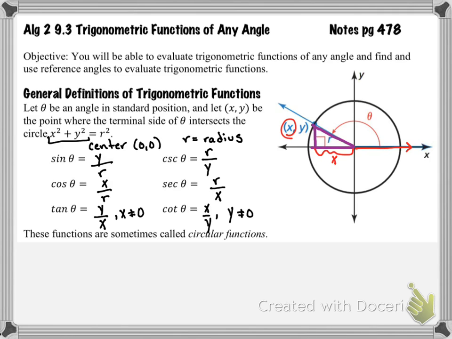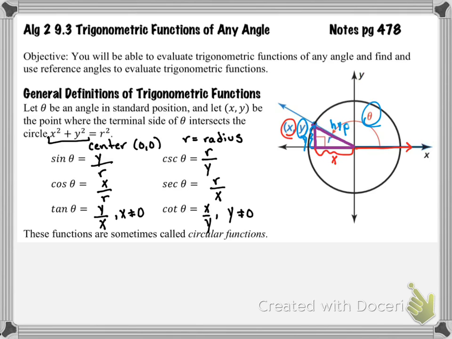And this y coordinate corresponds to how high up we are. There's my y. And my r there really is my hypotenuse. So really it's coming from that SOHCAHTOA idea. We just can't use SOHCAHTOA because we don't have a right triangle with the angle theta in it.